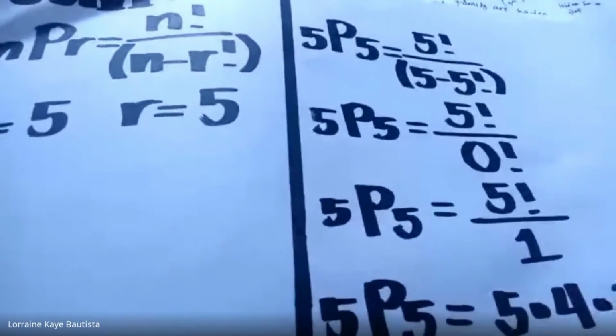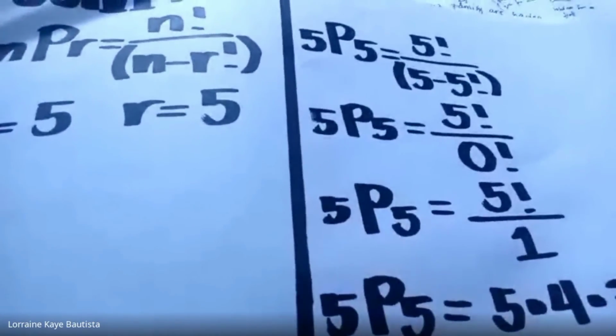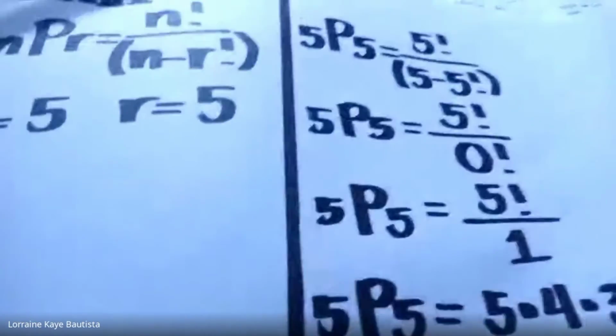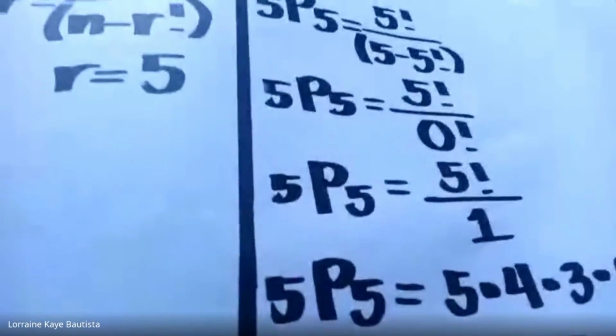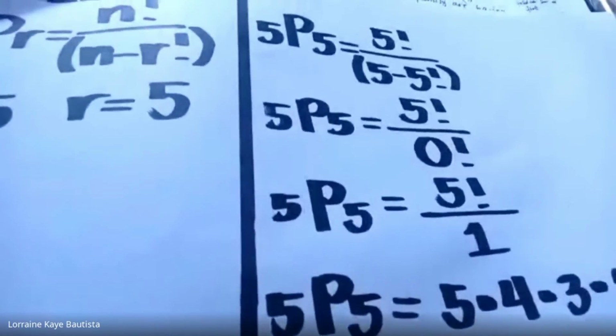So the solution, ma'am, is nPr equals n factorial divided by the quantity of n minus r factorial, wherein we substitute the n, which is 5, and the r, which is also 5. So the permutation of 5 family members, 5 taken 5, is equal to 5 factorial over 5 minus 5 factorial.